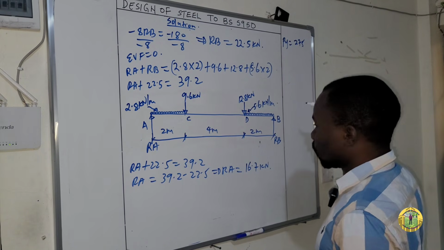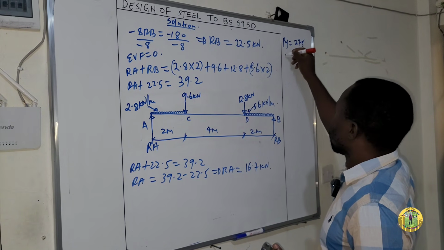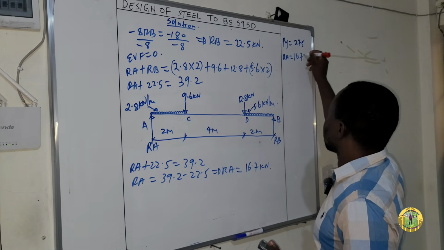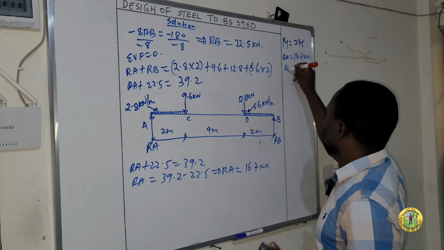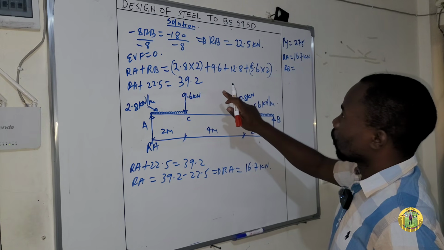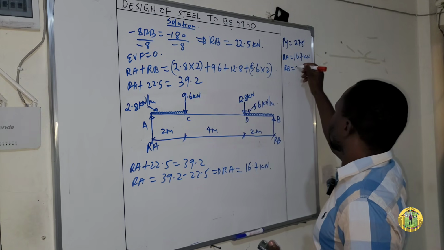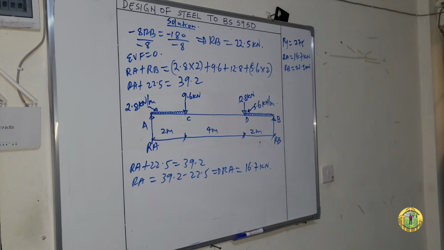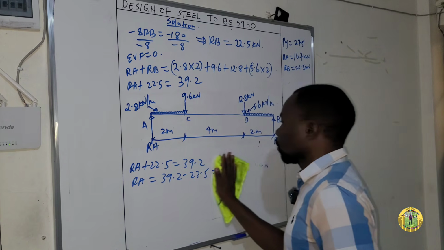So we have calculated RA is equal to 16.7 kilonewton. RB is 22.5 kilonewton. So let's now draw the shear force diagram.